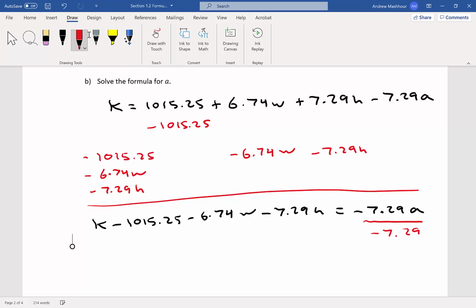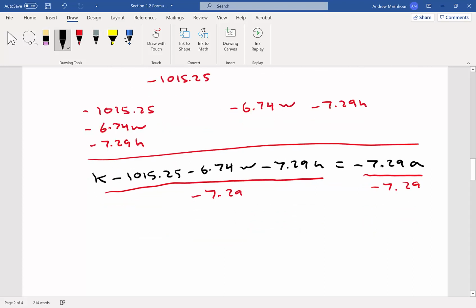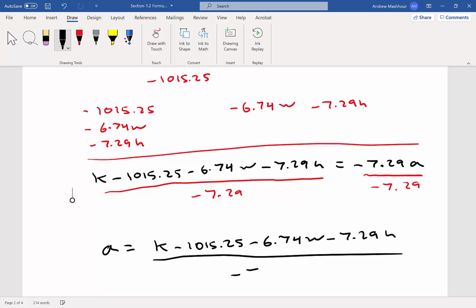I'm going to divide the whole left-hand side by that same number. And that's going to give us our A completely by itself. So we have A is equal to K minus 1,015.25 minus 6.74W minus 7.29H all over negative 7.29.